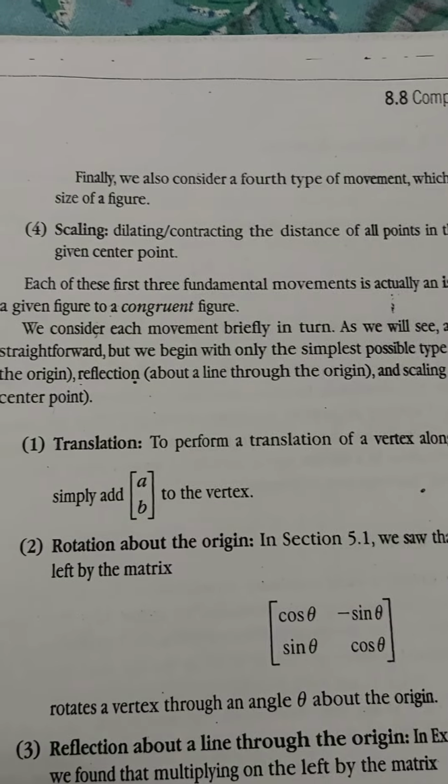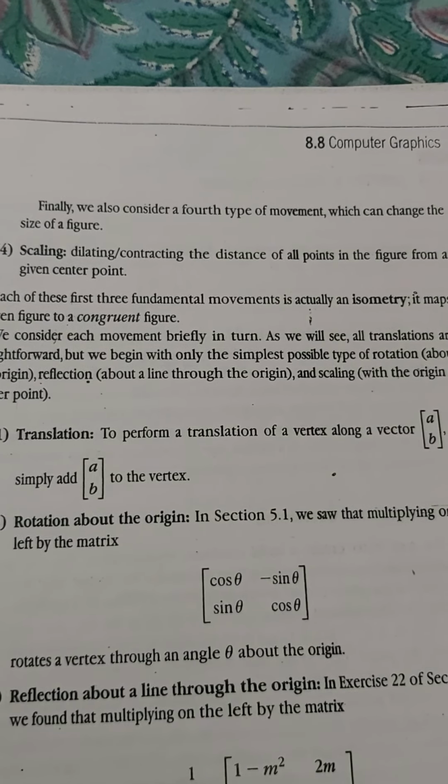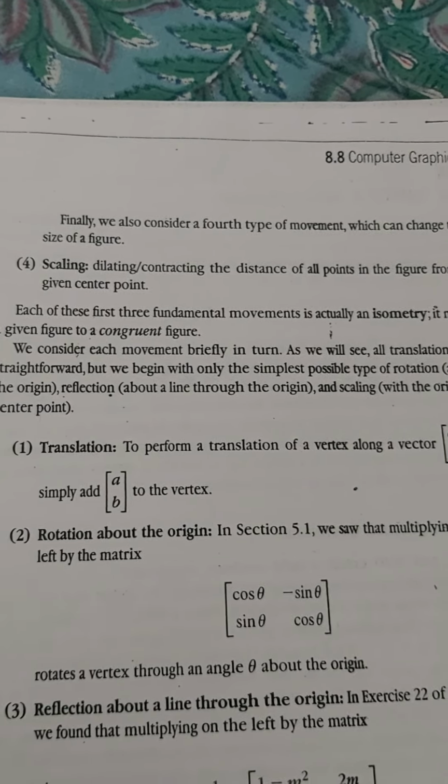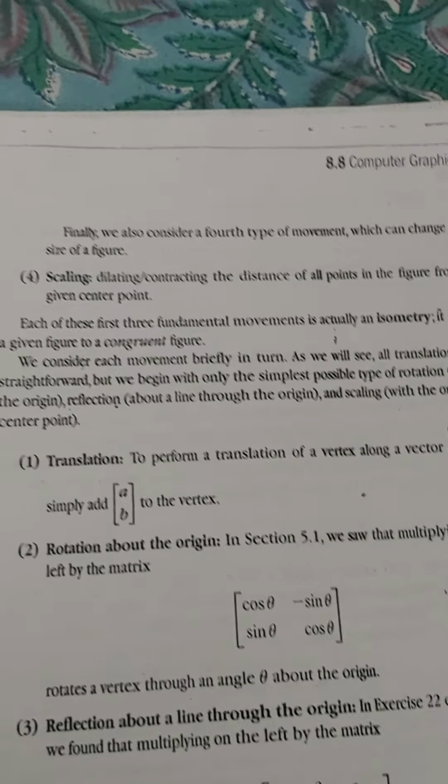Scaling means dilating or contracting the distance of all points in the figure from a given center point. It means increasing or decreasing the distances of the points from a center point. Clear? So either the figure will contract or the figure will expand. Clear? So all these 4 operations are called similarity operations.